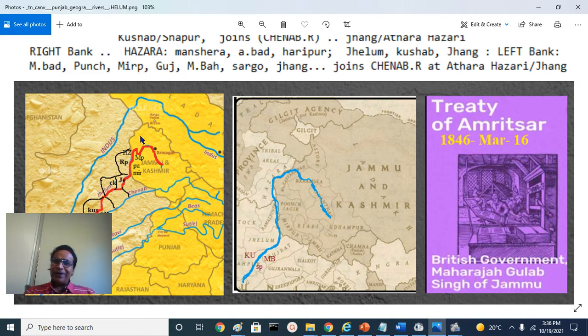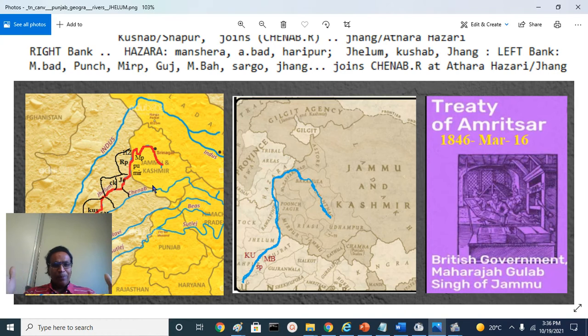Later the boundary moved, instead of the Indus, to the Jhelum. So essentially the second Treaty of Lahore gave the hilly tracts to Maharaja Gulab Singh because he paid 75 lakh Nanak Shahi rupees to the British East India Company.